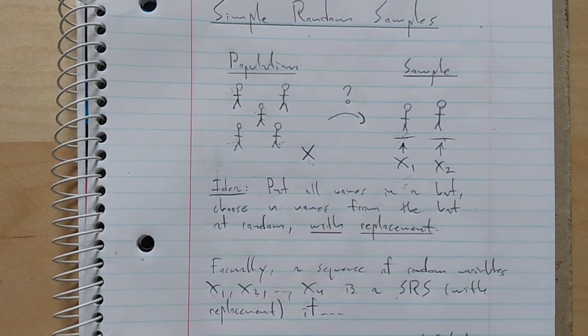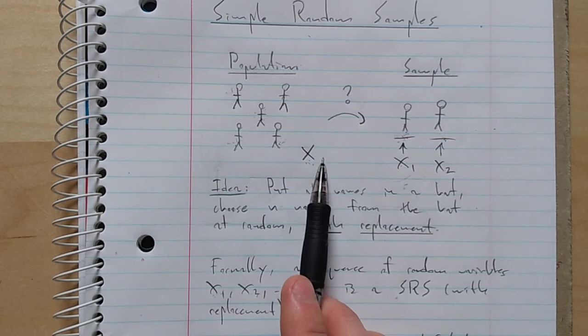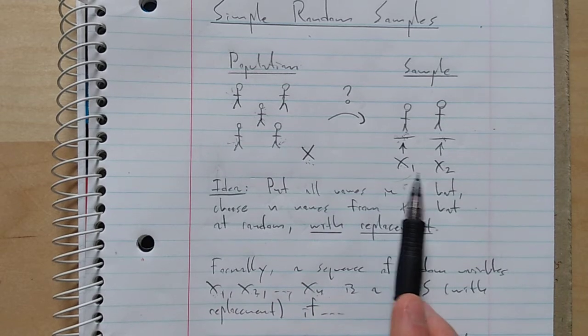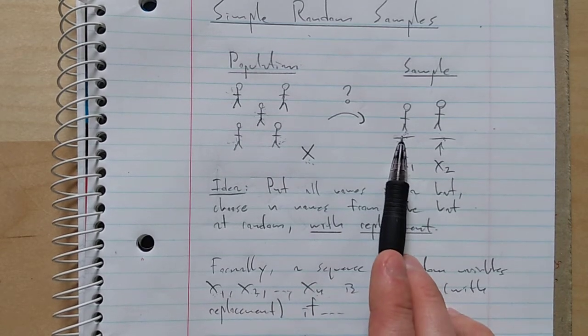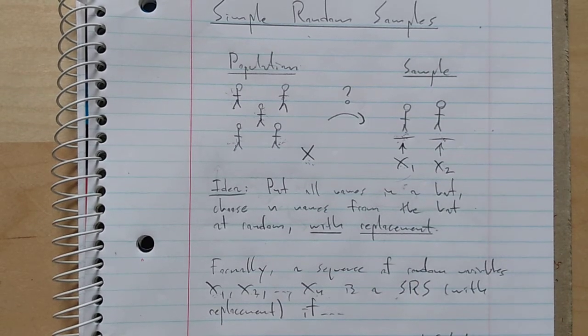So, formally, what we just talked about: a sequence of random variables, X1, X2, up to Xn. This is the usual notation. This capital X represents the distribution of the thing I'm measuring in the whole population. Capital X1 represents the distribution of the thing I'm measuring in the first of my sample values, capital X2 the second of my sample values, and so on.